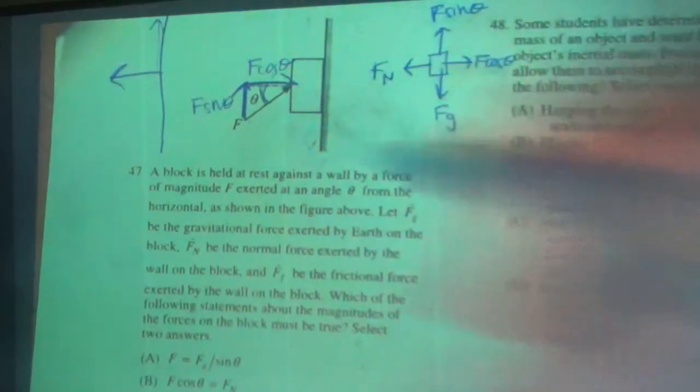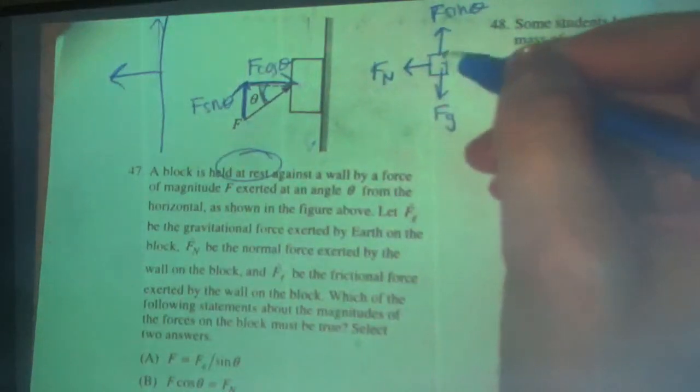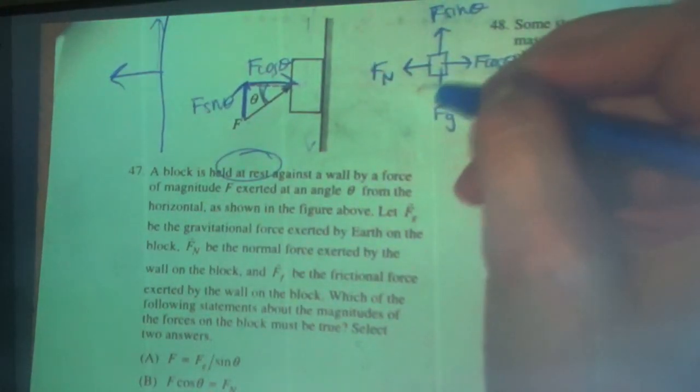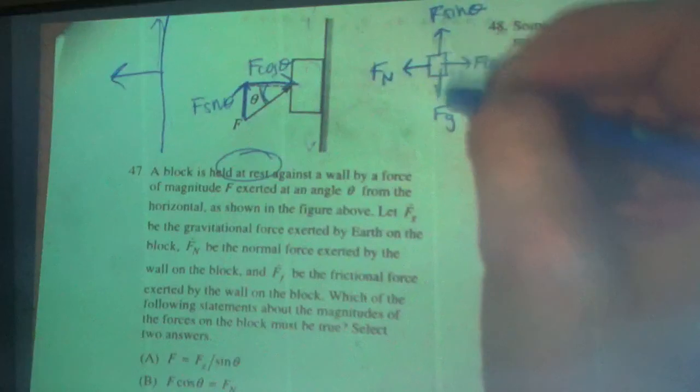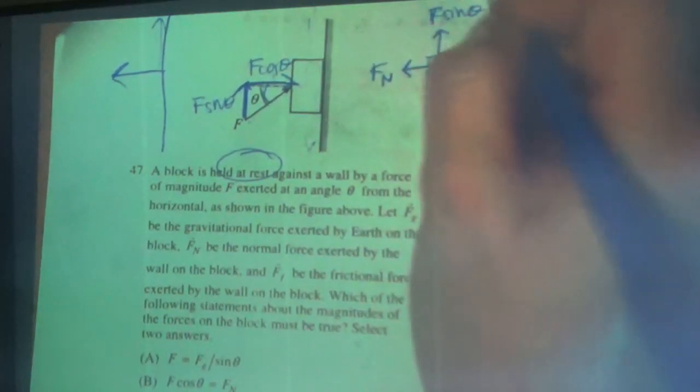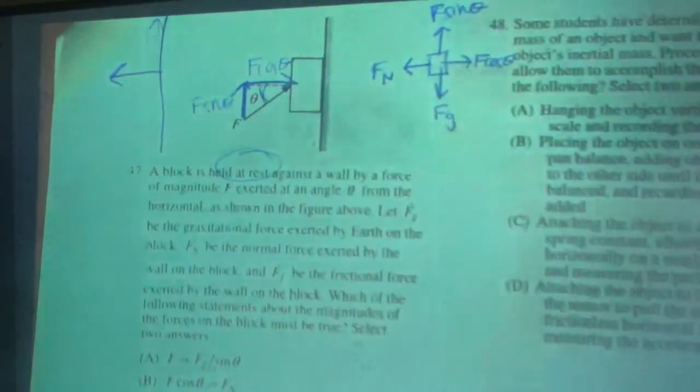Oh wait, no, it says it's held at rest. Anyway, you don't know if it's held at rest because I have a big force and the friction is too strong for the force to overcome, or if the friction is helping this force hold it up. So either way, you don't know the force of the friction right now, but I'll just put plus friction somewhere in here. And it says that it's at rest, so that means these two are equal to each other.